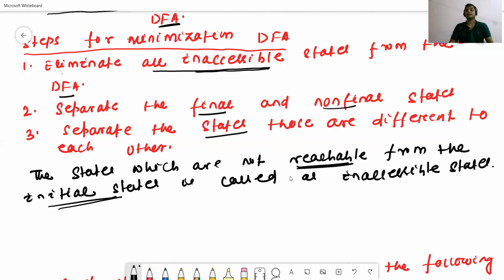The states which are not reachable from the initial state are called inaccessible states.